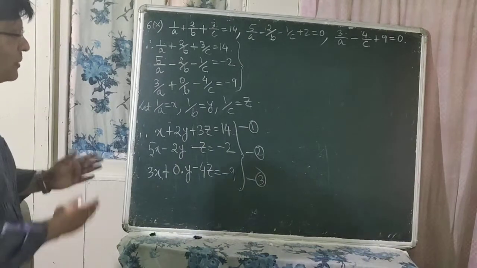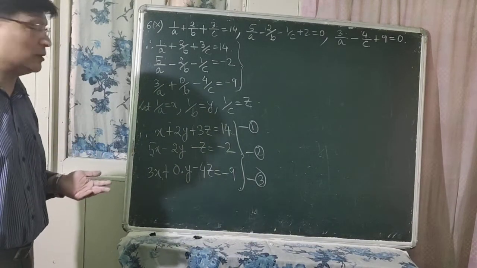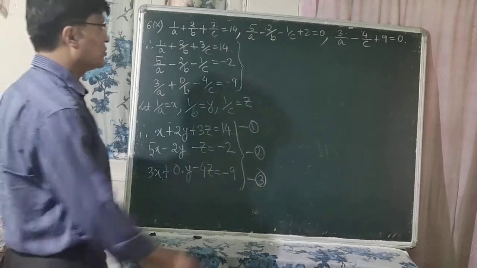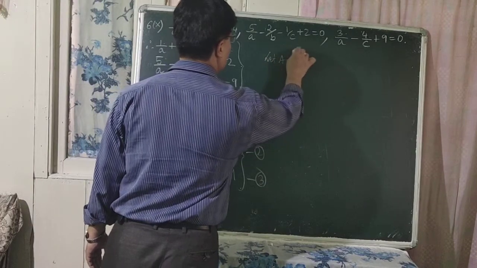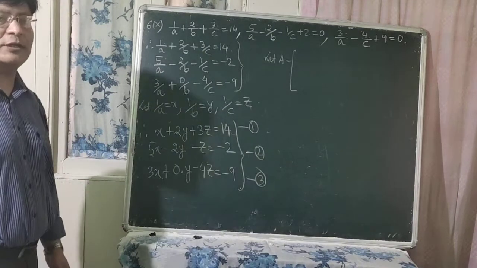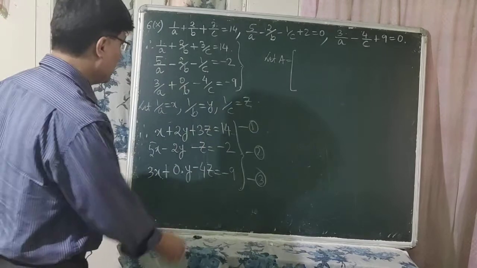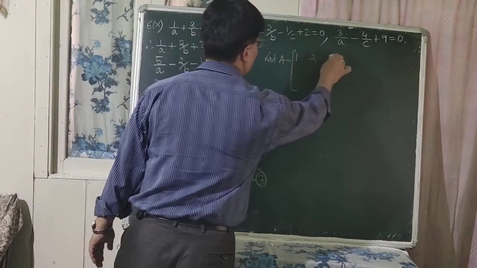Now you can use the same method that we have done in the previous problem. So we have to write down the coefficient matrix A. This is the coefficient matrix, that means you have to write down the coefficients of x, y and z in matrix form. In equation 1, the coefficients of x, y, z are 1, 2, 3.